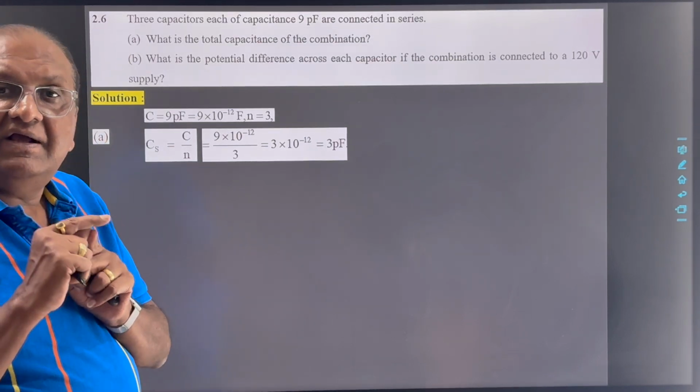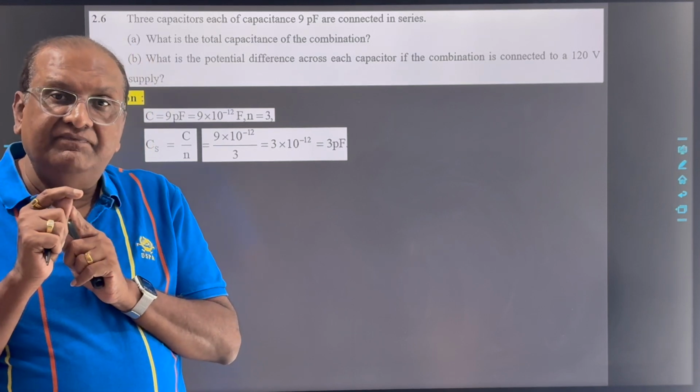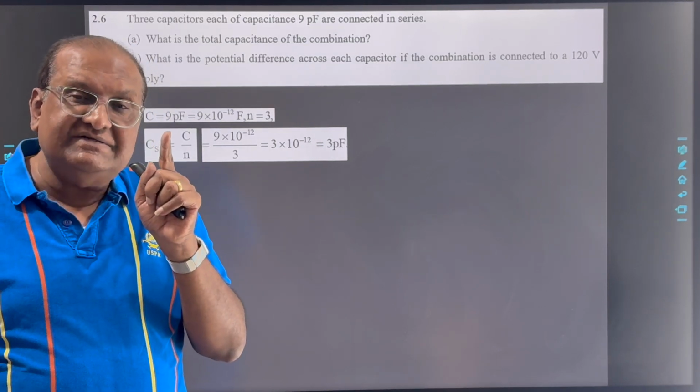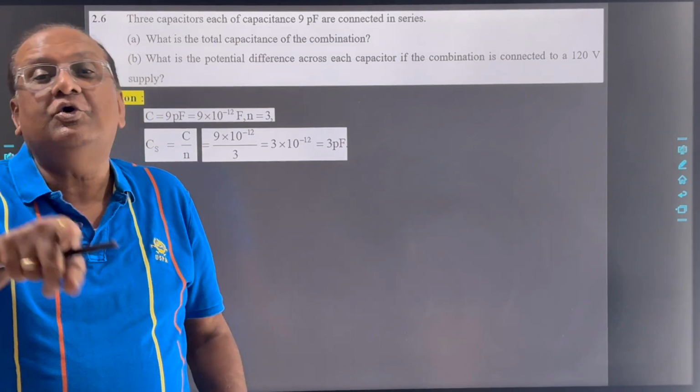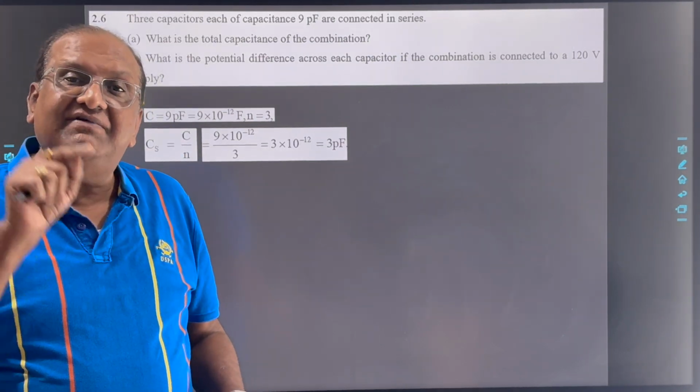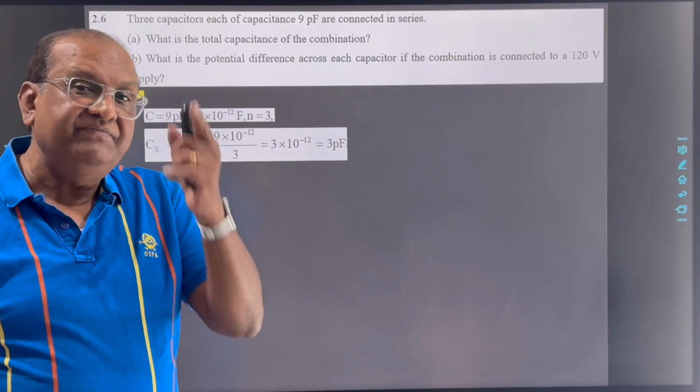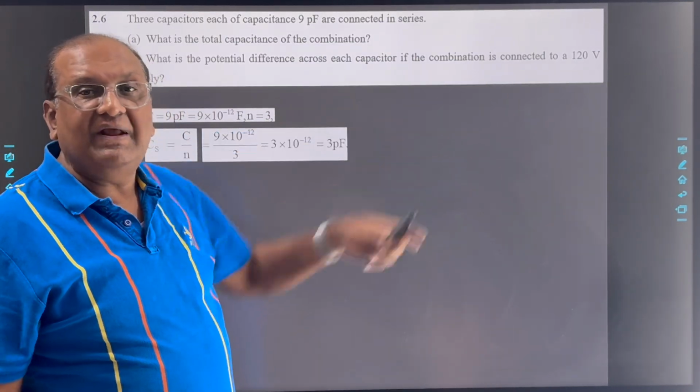Now here the capacitance is also the same. So if we consider the potential differences V1, V2 and V3, then all these three will also be the same. And V1 plus V2 plus V3 will be equal to our supply voltage.